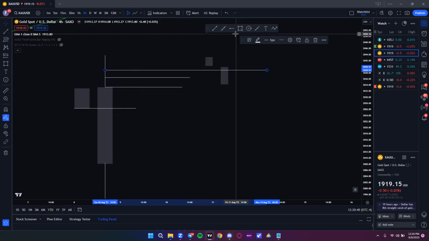So sometimes even on daily, we don't enter straight from the daily. We will determine direction and market flow with daily, and we'll see how the daily closes to determine whether or not we're bearish or bullish.